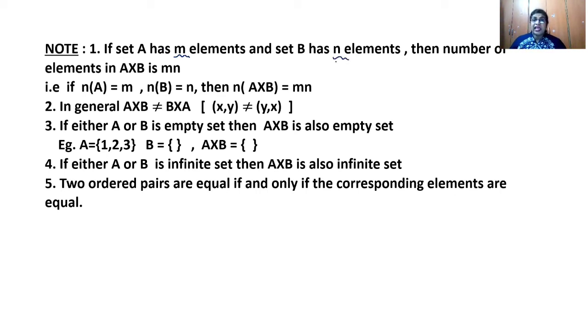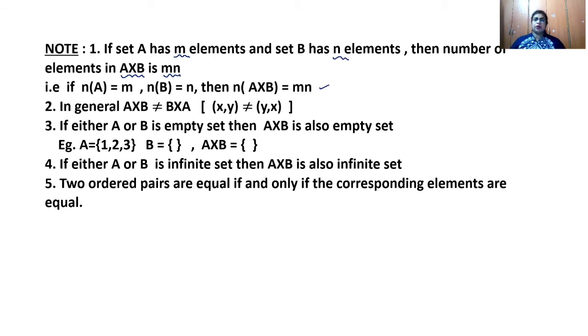Then how many elements are possible in the A cross B set? A cross B will have M into N, that is MN elements. Clear? Okay. Here I've written it symbolically. N stands for number. So the number of elements in A is M, the number of elements in B is N, and therefore the number of elements in A cross B is equal to M into N.